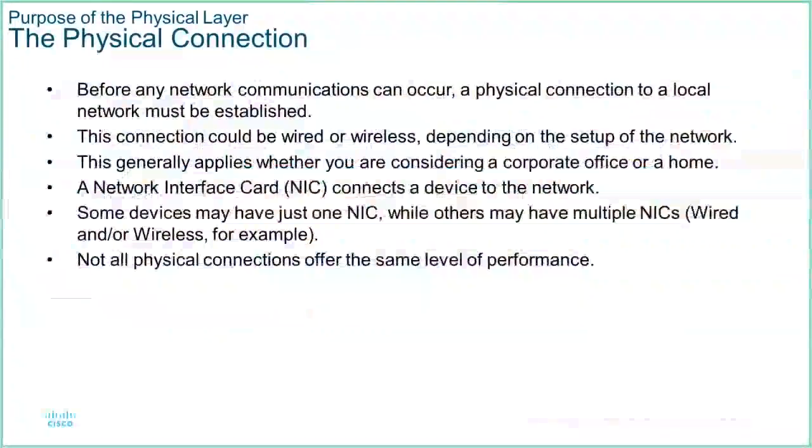So you can gather from the name that it's physical equipment, so you can touch it and feel it, whereas when we start moving up into the other layers, it's all software. You can't really see what's going on.